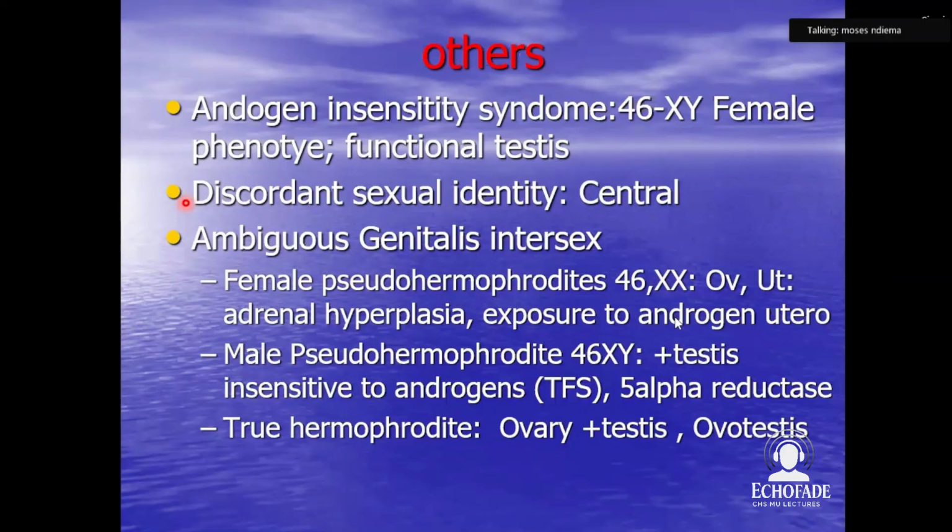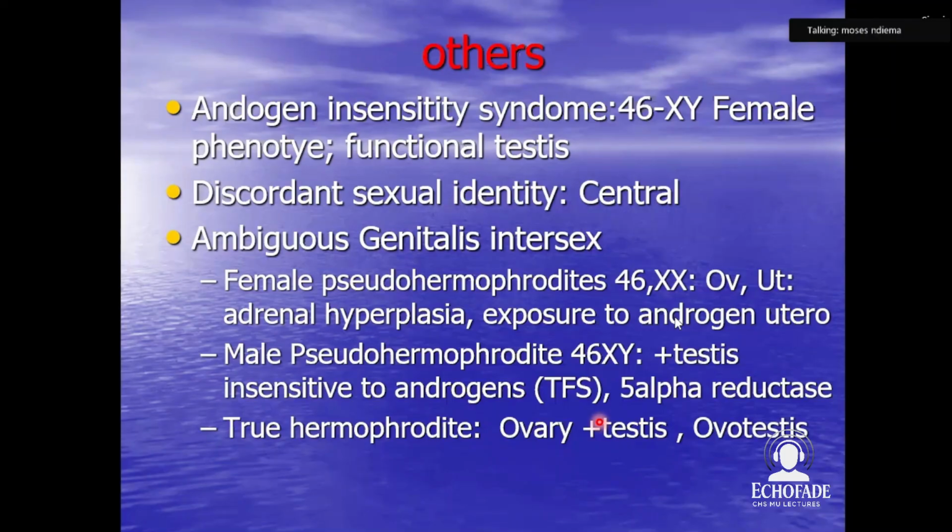You might have an ovary, you might have a testis. That's a true hermaphrodite, or ovotestis sometimes. So in this case, there was development of both, and this can be bilateral or unilateral. One side could be a testis, the other side could be an ovary, or both of them are on one side.